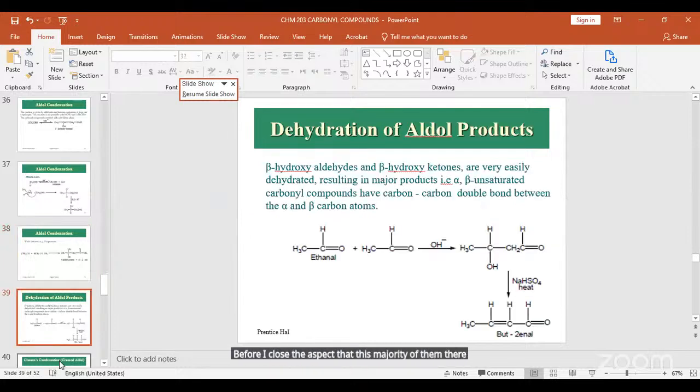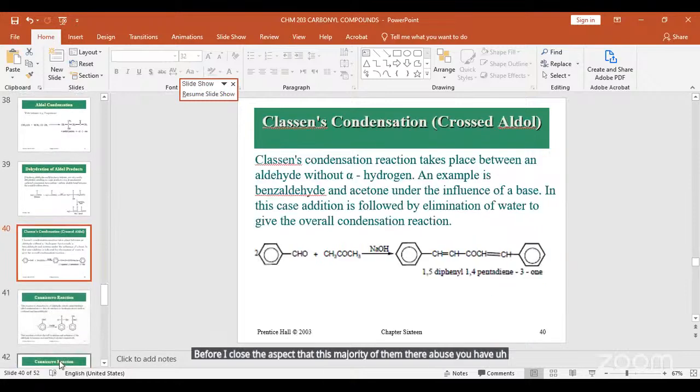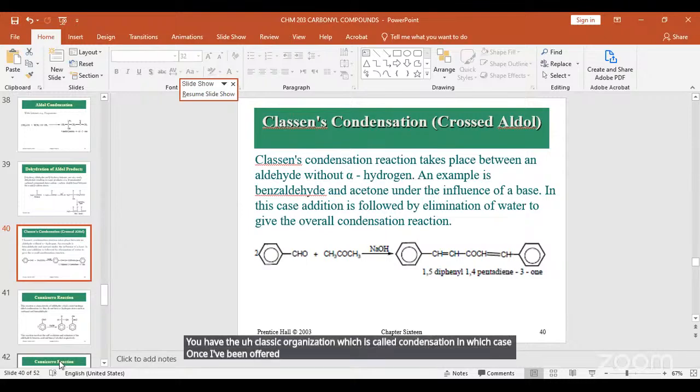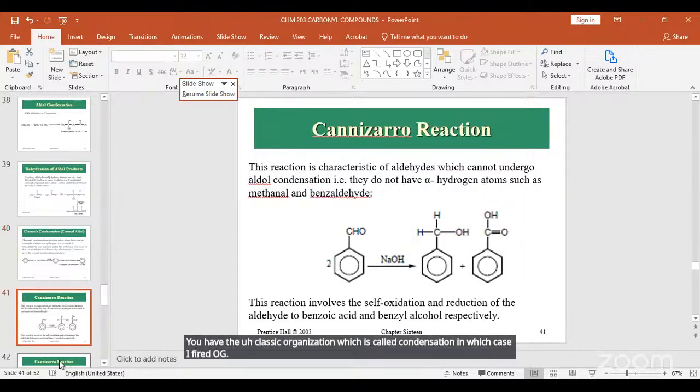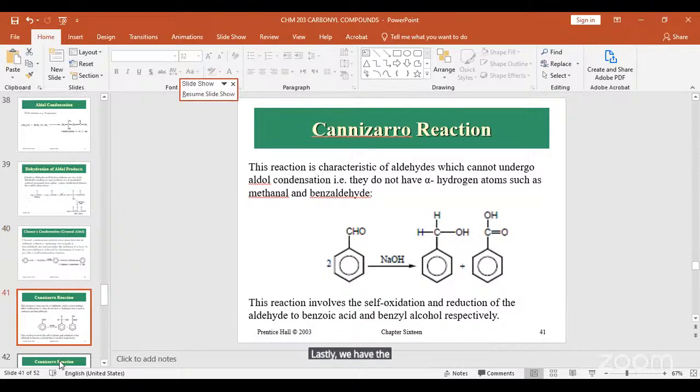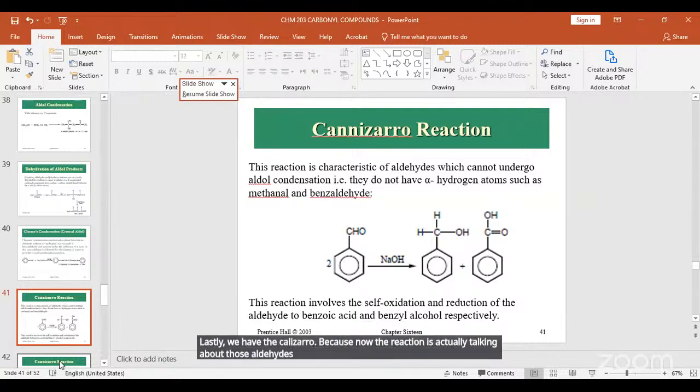You have the cleansing condensation, which is cross-aldol condensation, in which case one is having alpha hydrogen, the other one is not having alpha hydrogen. And lastly, we have the Cannizzaro reaction. The Cannizzaro reaction is talking about those aldehydes that don't have alpha hydrogen.